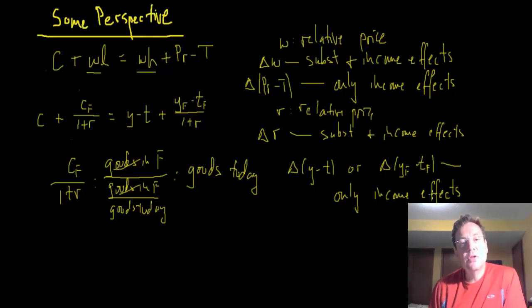And we're going to have changes in income that don't change relative prices, and those therefore are going to have only income effects. The only difference is that now we have the possibility that some consumers may be borrowers and some consumers may be lenders. And for that reason, changes in the real interest rate may have different effects depending on the type of consumer that we're thinking about.